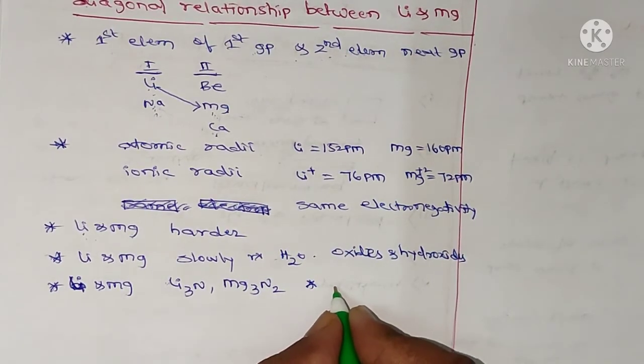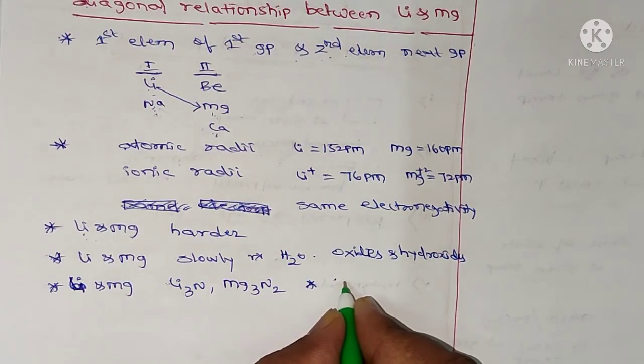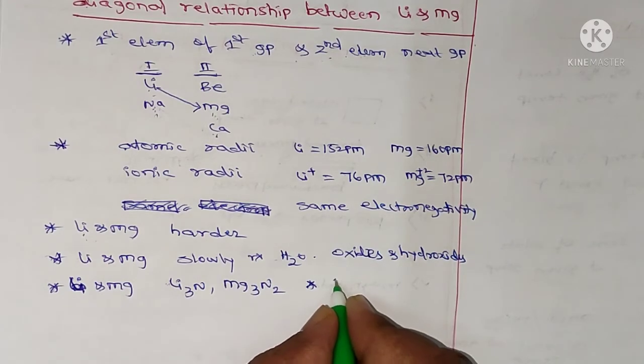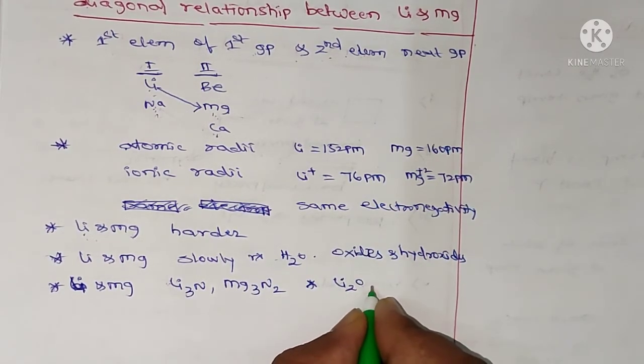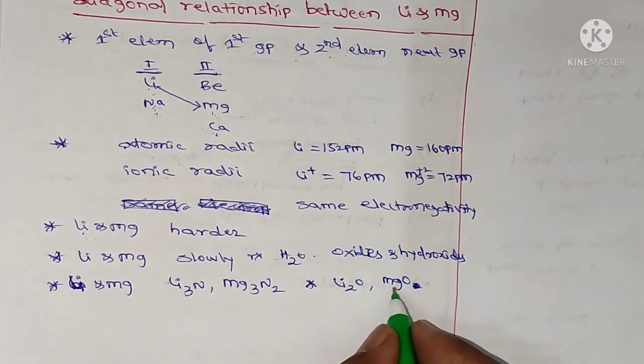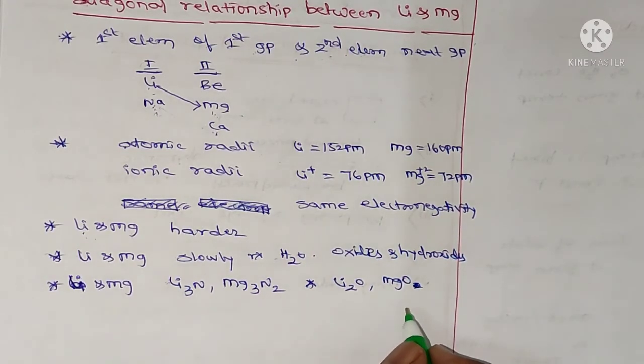And in first group of metals, lithium can form monoxide, and in second group of metals, magnesium can form monoxide, but the remaining metals cannot form the monoxides. They can form monoxides and they cannot form the superoxides.